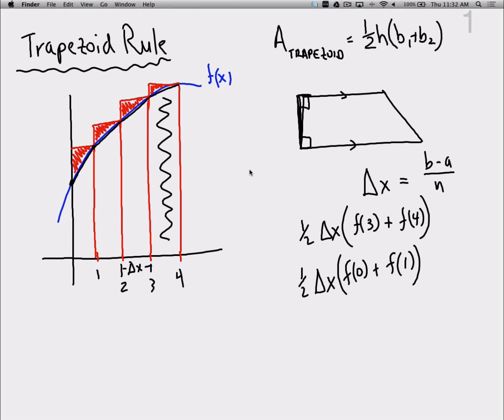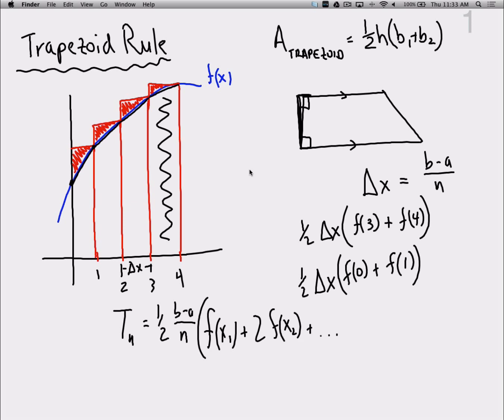It goes something like this. What is that for? That's the trapezoid rule.